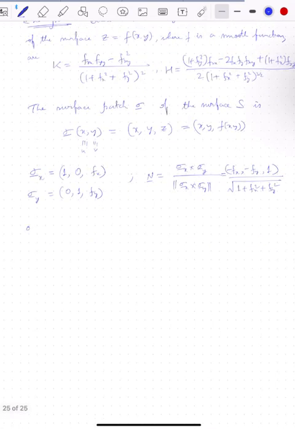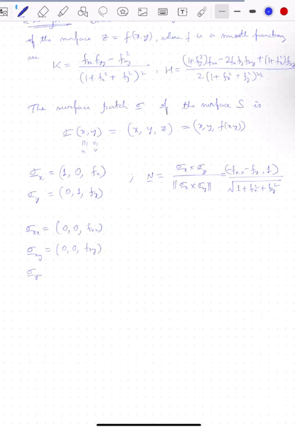So now let's go on to determining sigma xx. So sigma xx is (0, 0, fxx). And sigma xy is equal to (0, 0, fxy).